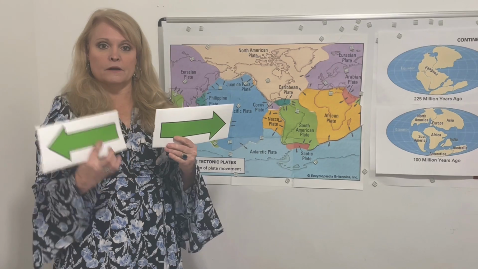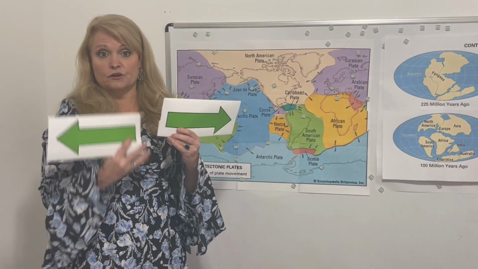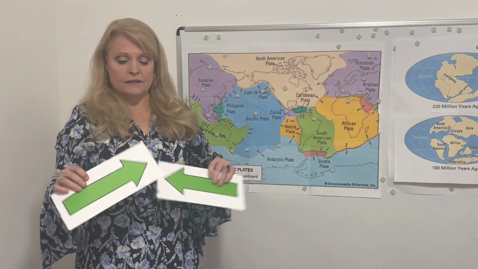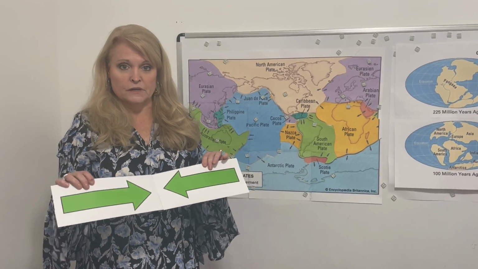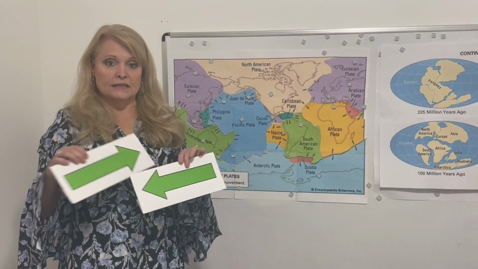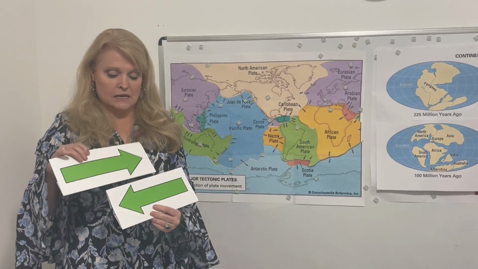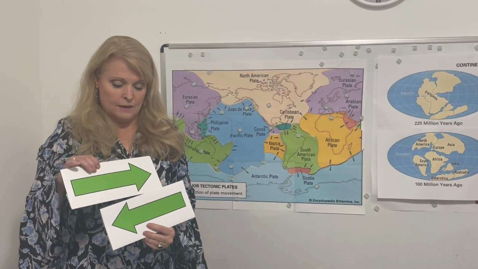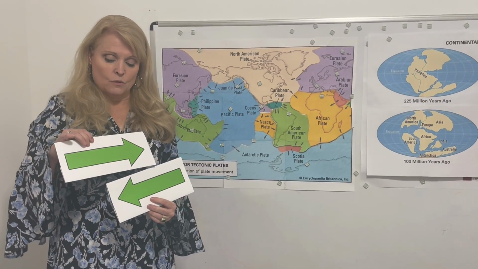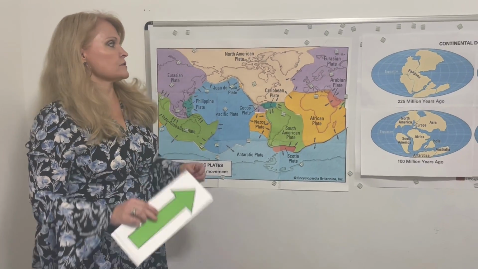Typically when they move apart, they'll create a rift or new crust, depending on what type of plate. The other way is when they move in towards each other. This is convergent. And the last way is called a transform plate boundary, when the two plates grind past each other without producing or destroying lithosphere.